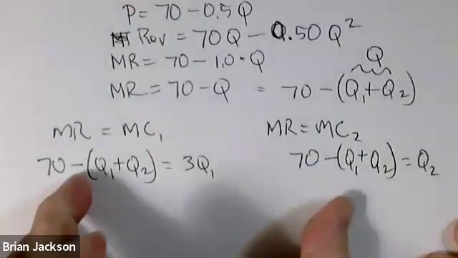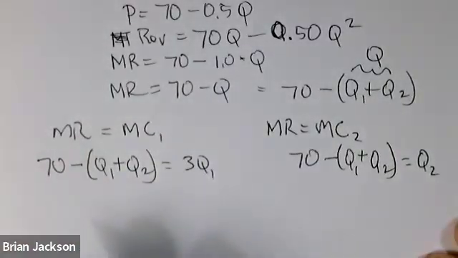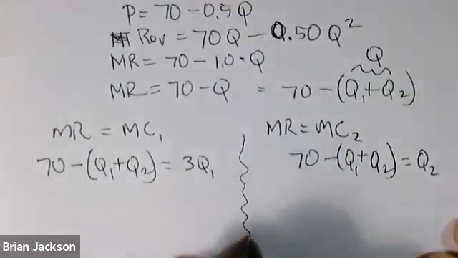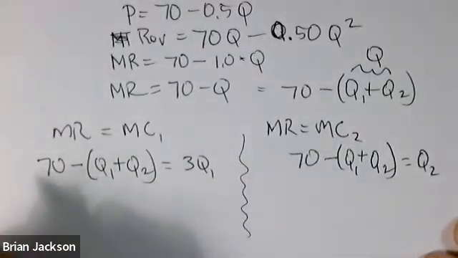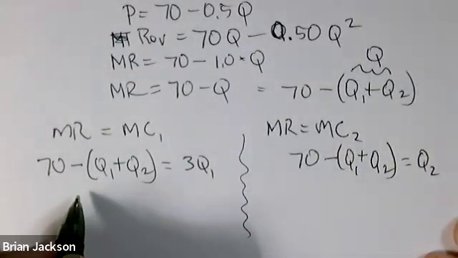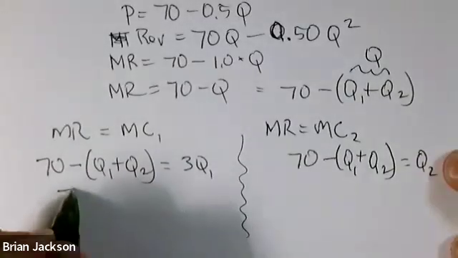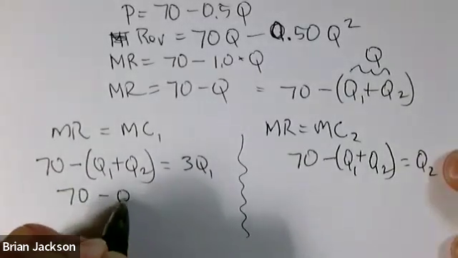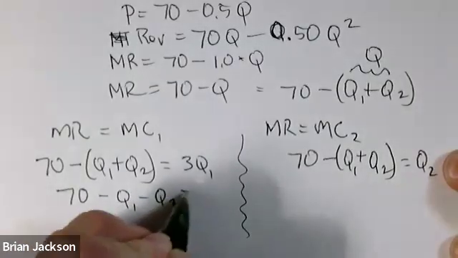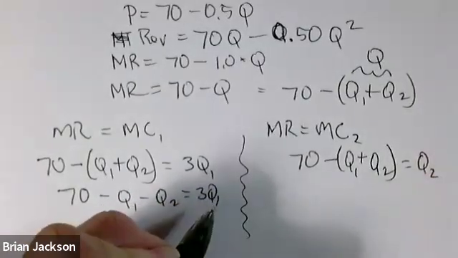So you have two equations and two unknowns. You have to solve each of these for Q1 and Q2 respectively. It shouldn't be difficult to do here. That's what they show you how to do in your text. So for instance, from the first equation, this is 70 minus Q1 minus Q2 equals 3Q1.